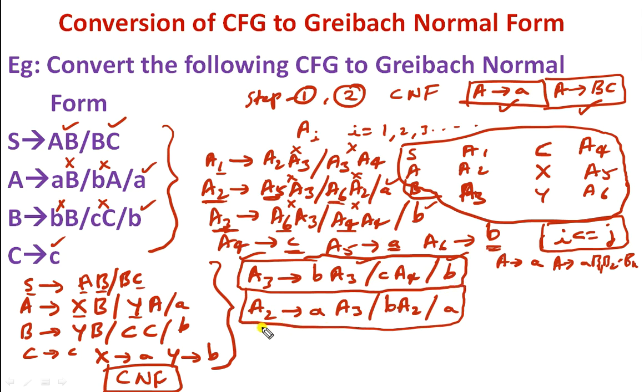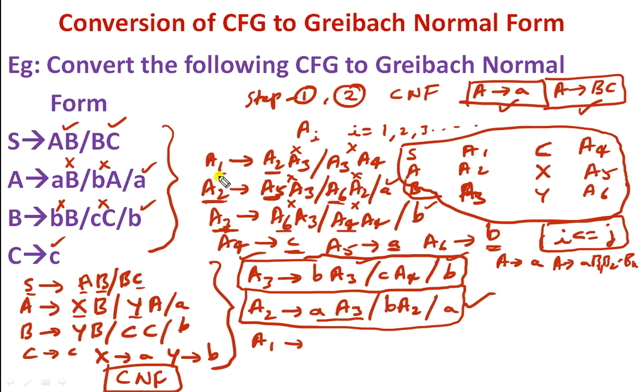Next comes A1. So A1 generates A2 A3, but A2 is not generating any of the terminals directly. So that is why we need to consider this particular production rule. A2 generates a A3 or b A2 or a. Now replace this particular production for A2, then A3.